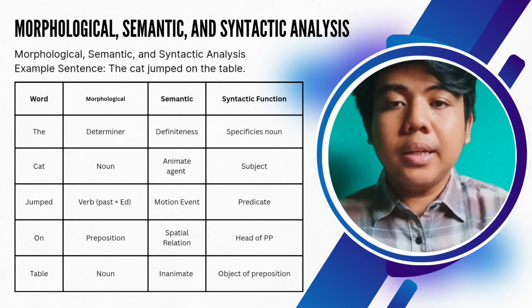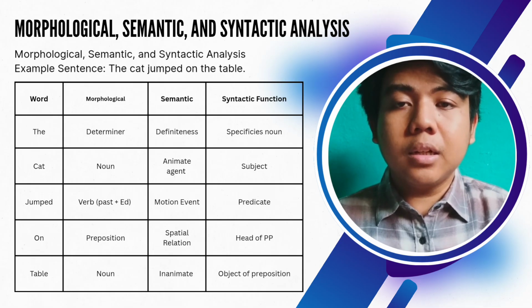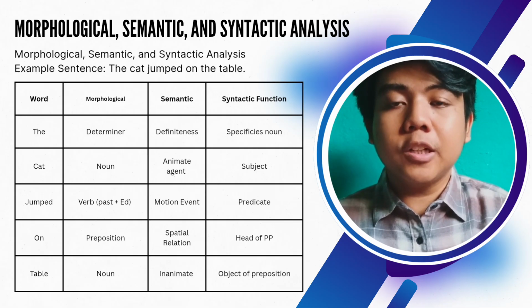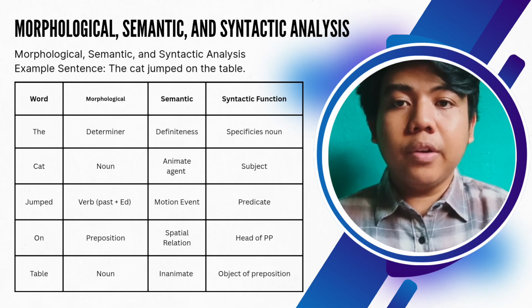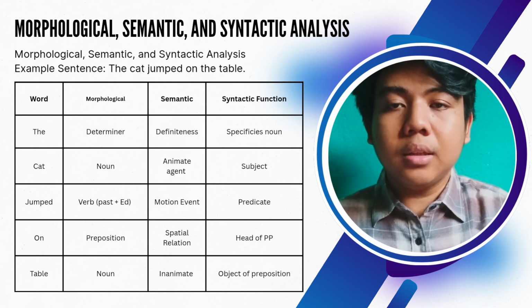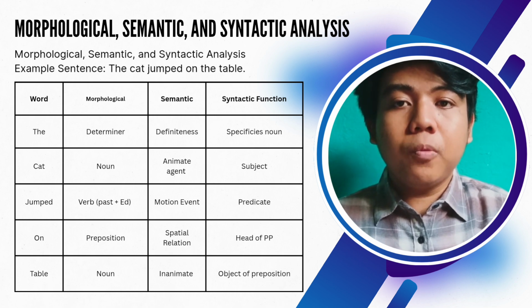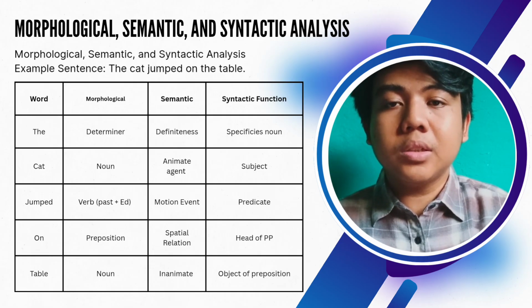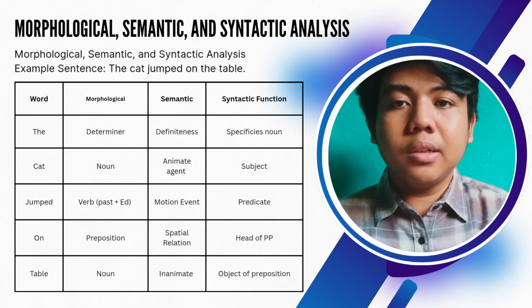And jumped, morphologically, it's a verb in past form. Semantically, it expresses a motion event, and syntactically, it acts as the predicate. The word on, morphologically, is a preposition, and semantically it shows spatial relations.